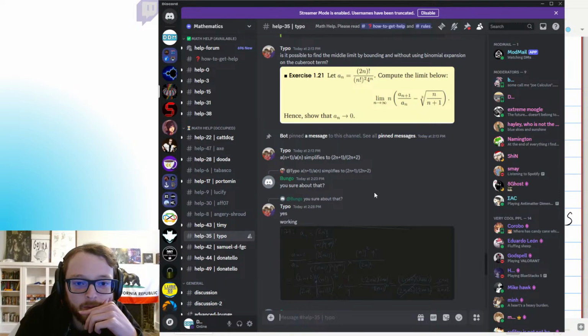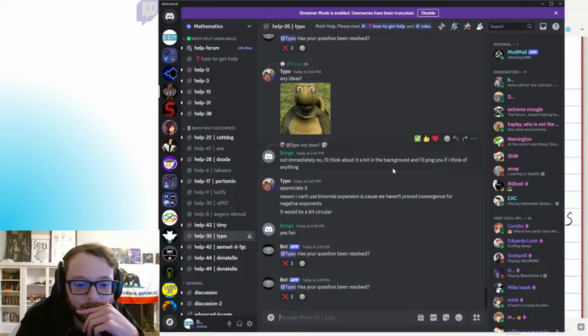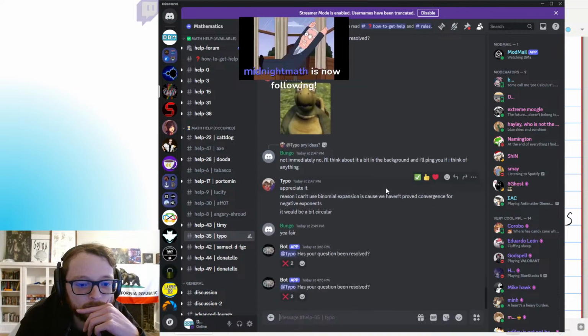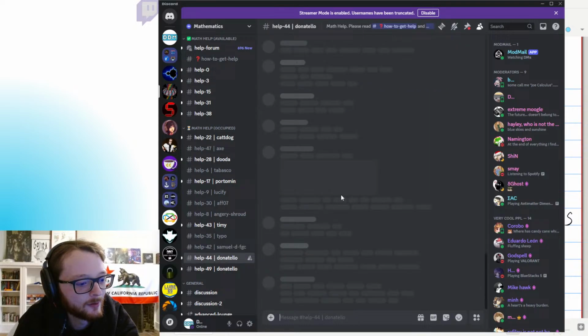Compute the middle limit by bounding. I don't know if the middle limit is just a piece of this entire thing or just the entire thing. I assume the entire thing. But I don't know how to do it with bounding. See what else is out there.